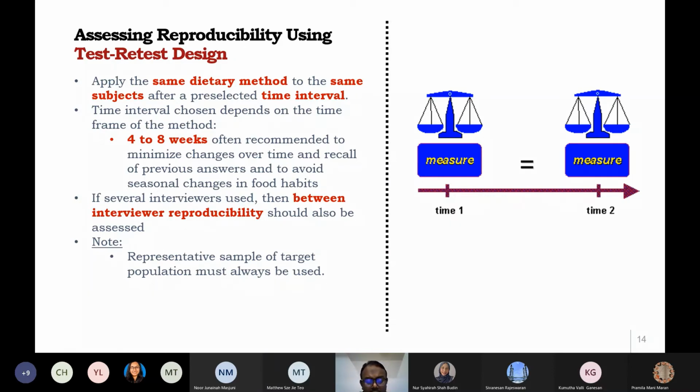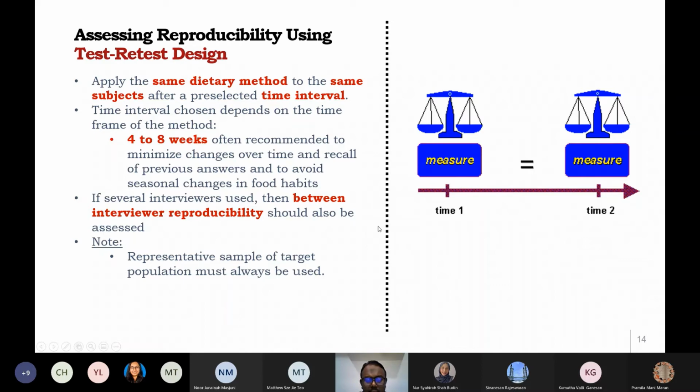If several interviewers were used in a project, then between-interviewer reproducibility should also be assessed. If you have several interviewers in the project, you can ask one person to interview subject A and another interviewer to come and assess subject A again.